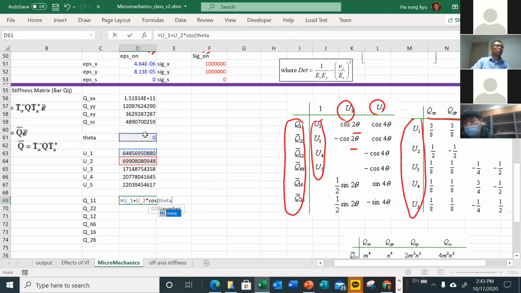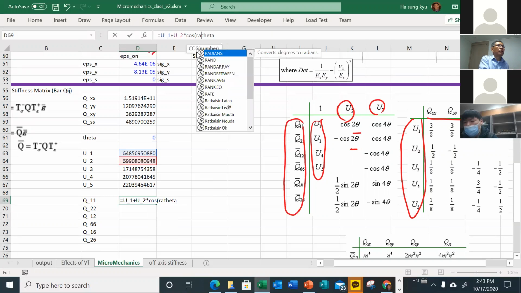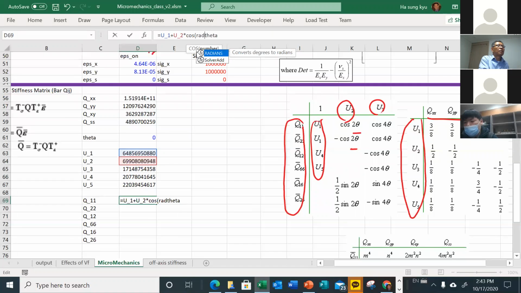We need to change to radians, and I'm sure there will be a radians function.